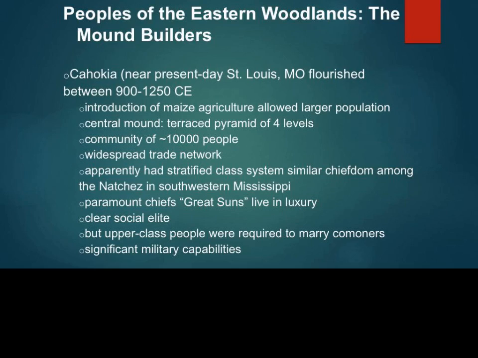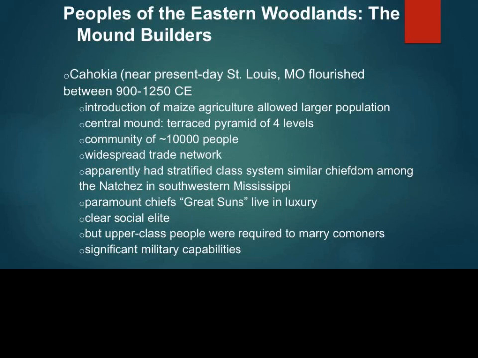The introduction of maize agriculture allowed for a larger population here in Cahokia. And the central mound, like I said, was a terraced pyramid of approximately 4 levels, with an extensive, widespread trade network, as many artifacts have been found in Cahokia. And apparently, they had a stratified class system, similar to a smaller chiefdom, like among the Natchez in southwestern Mississippi.